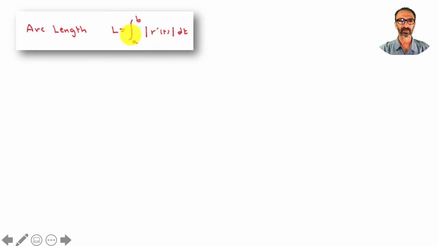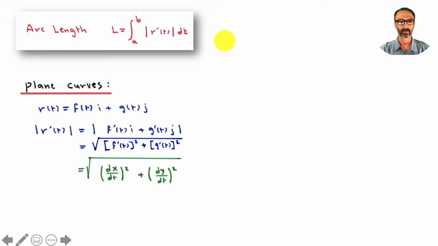Here's the arc length. We know that the arc length is L equals the integral from a to b of the magnitude of r prime of t dt. In plane curves, r of t is f of t i plus g of t j.